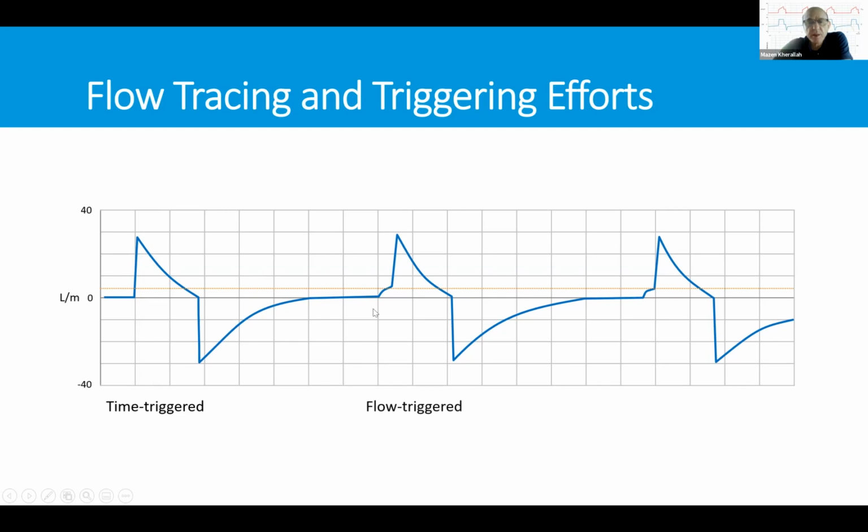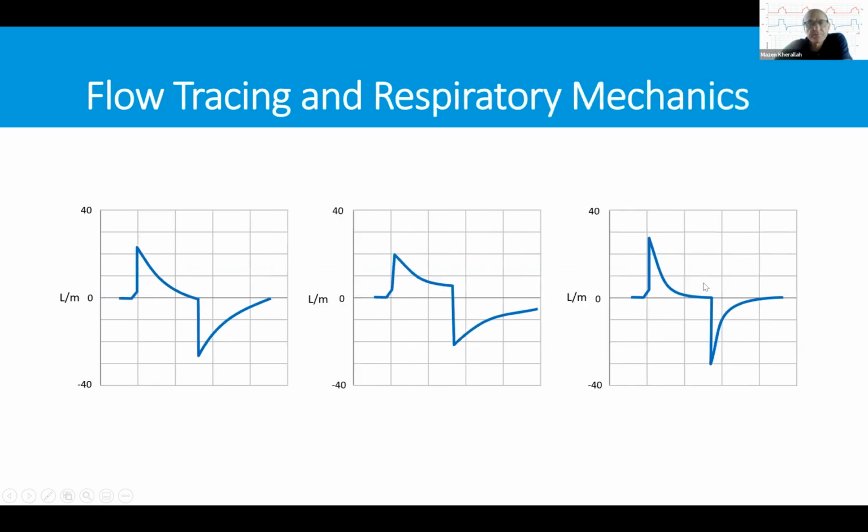The second breath here, you can see the initial rise in the flow, and that rise in the flow reached the trigger level, and then the ventilator was triggered and delivered the breath. The same thing with the third breath, it is triggered by the flow, and as I said, this is the sensitivity level or the trigger level.